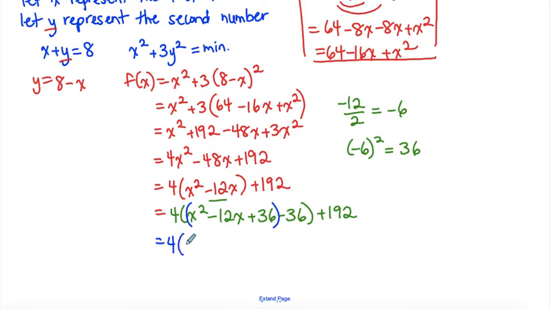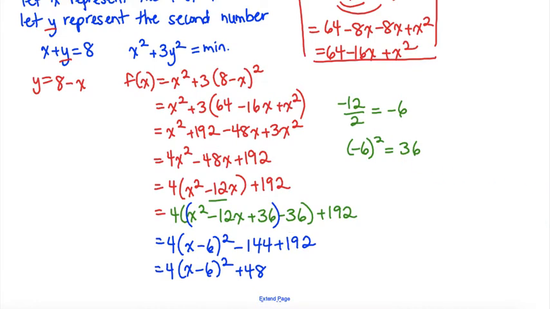So it's going to be 4 times (x minus 6) squared. 4 times negative 36, if I use my calculator for that, I get negative 144 plus 192. Just clean up those last 2 terms. Negative 144 plus 192 gives us 48.